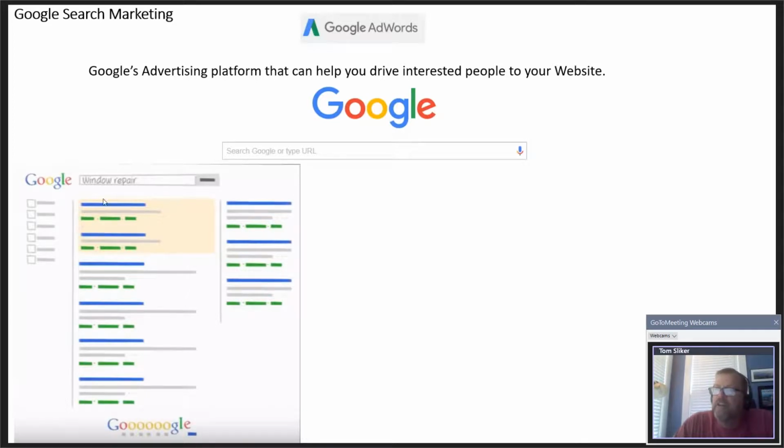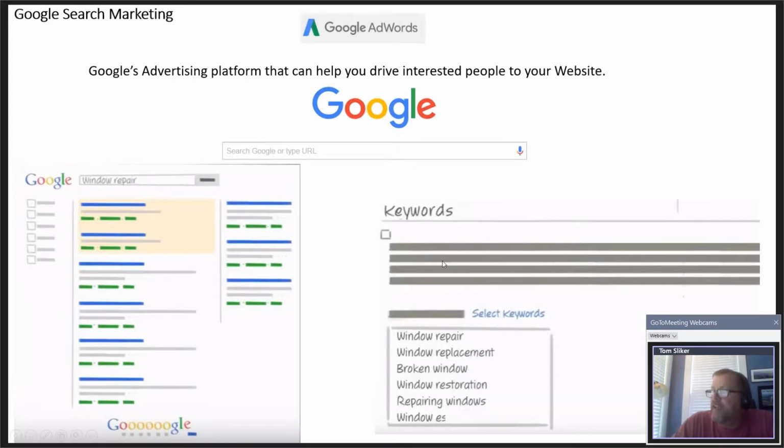In the area that's yellowish, that's what we call our paid ads, right? Those are at the top, and the paid ads are based on whatever's presented through Google AdWords. In this case, this shows a Google AdWords account where, if you're a window repairman, you focus on certain keywords: window repair, window replacement, broken windows, etc. Google AdWords is basically an introductory service between my search and your advertisements, and where they overlap is what we call keywords.